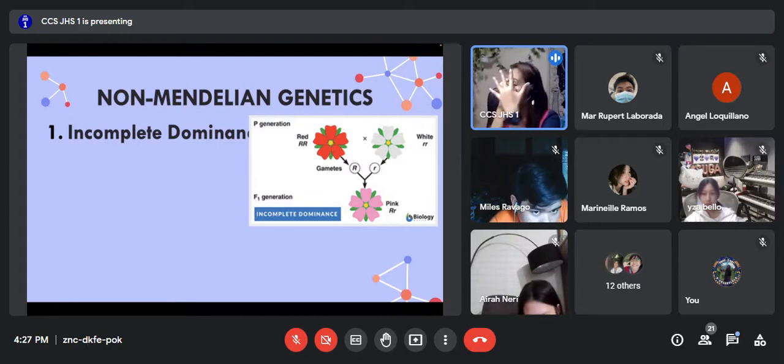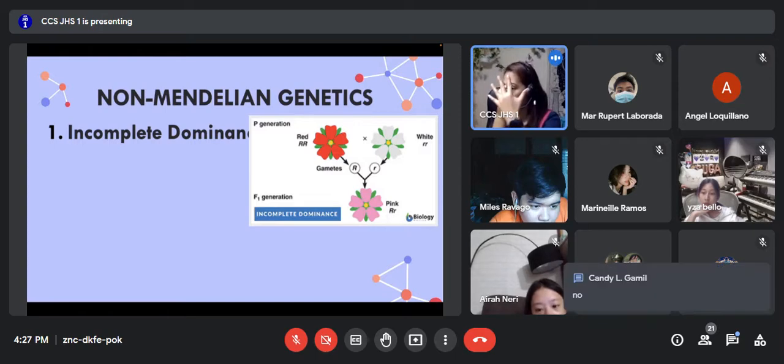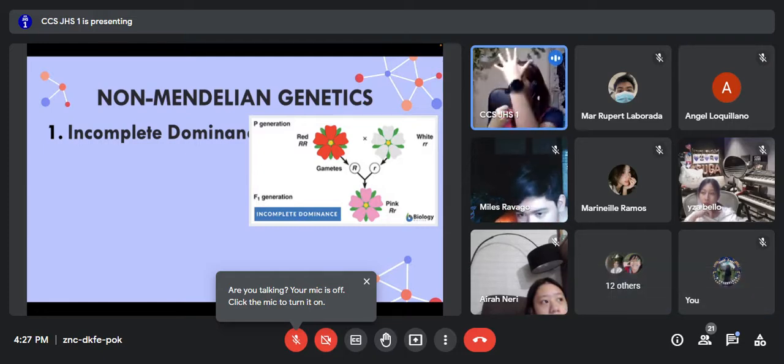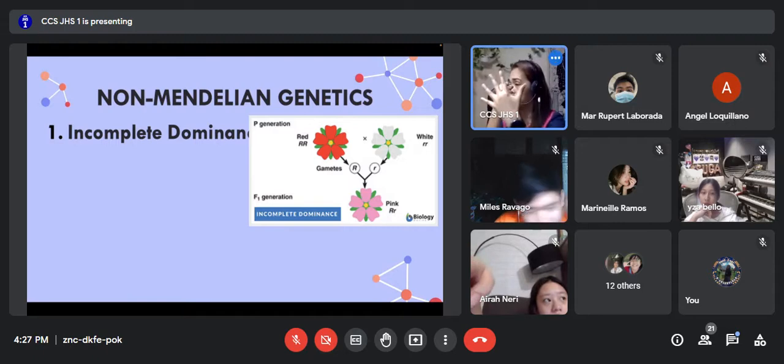So because of that, what happens to the ability to cover? Is it complete? Is it full? No, sir. Very good. So that means my dominant allele does not have now the complete ability to cover my recessive. So what happens now?